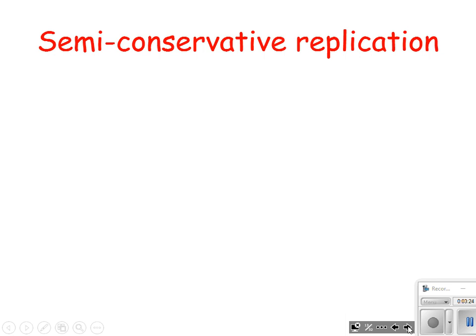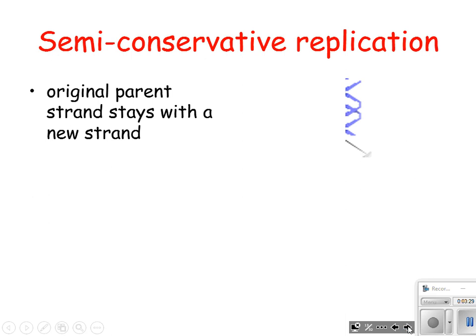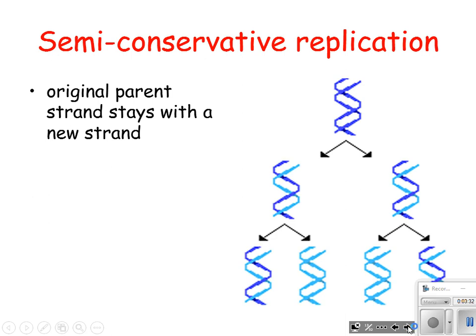So, what is semi-conservative replication? We look at the original parent strand, and I am signifying the parent strand in dark blue. What happens is the original parent strand splits and has a light blue daughter strand. So the two parent strands split apart and form daughter strands. Since these two strands are identical, we're going to have identical DNA.